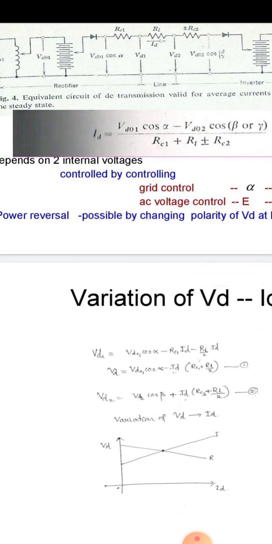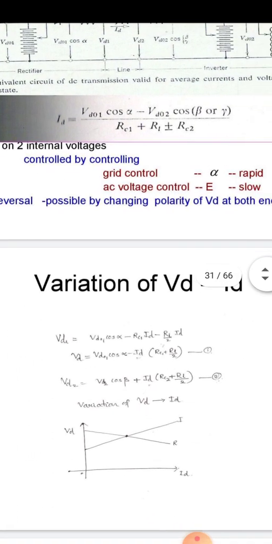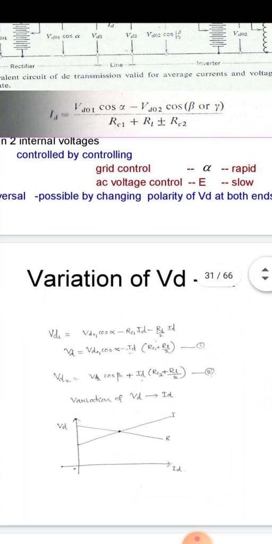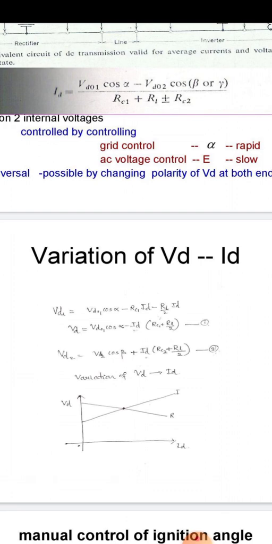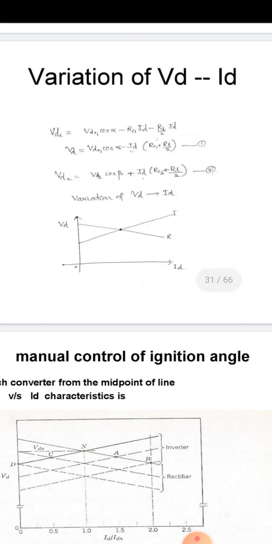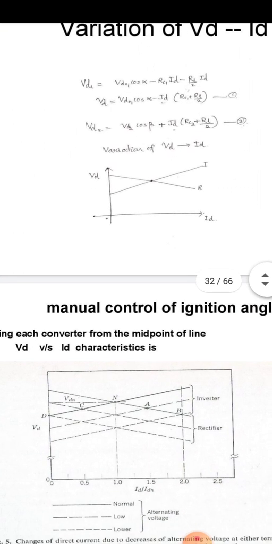So now we can see the variation of VD and ID. VD1 specially depends on the angle of deflection and the resistance of the different modes. Then the same VD2 also depends on its angle of deflection and the resistance of its converter mode.